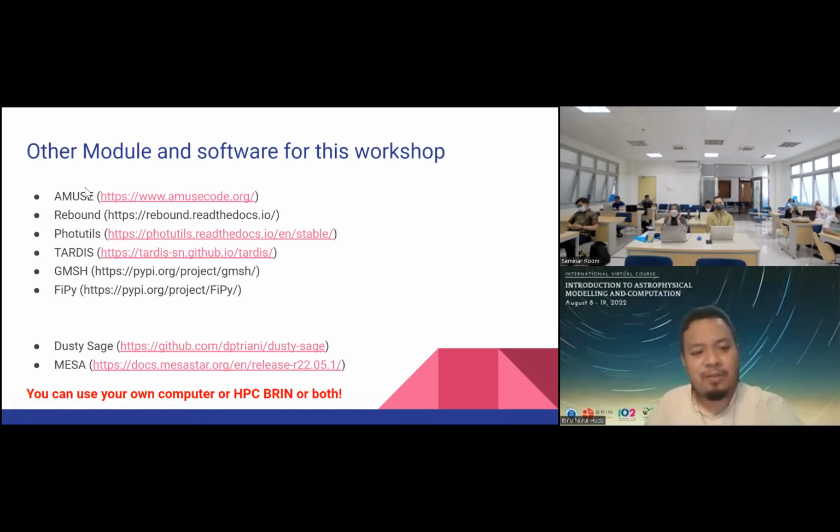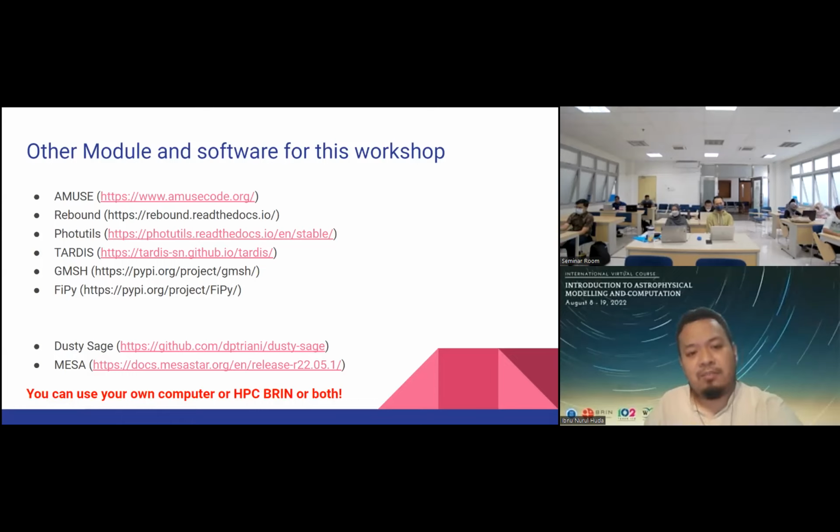All of this software will be explained during this workshop. And some software like Rebound, Photutils, MESH, IPy, DustiSage, and MESA will be used in the hands-on session. So it is better if you have all of this software on your computer.